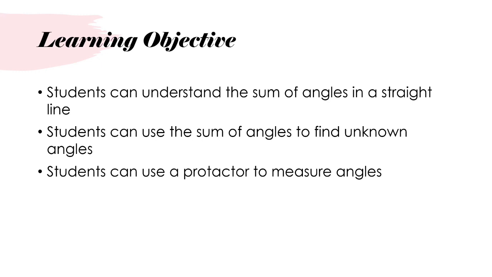And then you can use the sum of angles to find unknown angles. Kalian bisa menggunakan total sudut atau jumlah total sudut pada garis lurus untuk mengetahui sudut yang belum diketahui. And then you can use a protractor. Protractor mean busur dalam bahasa Indonesianya, to measure angles. Jadi kalian bisa menggunakan busur untuk mengukur sudut.